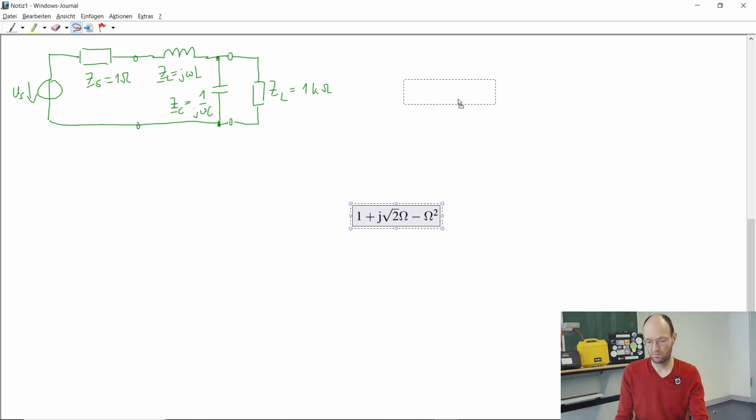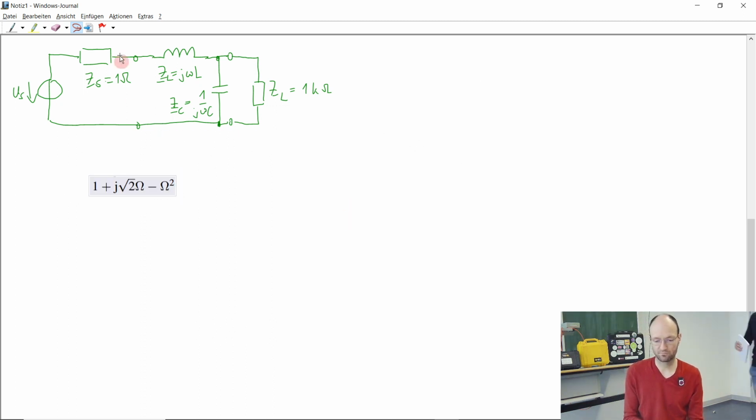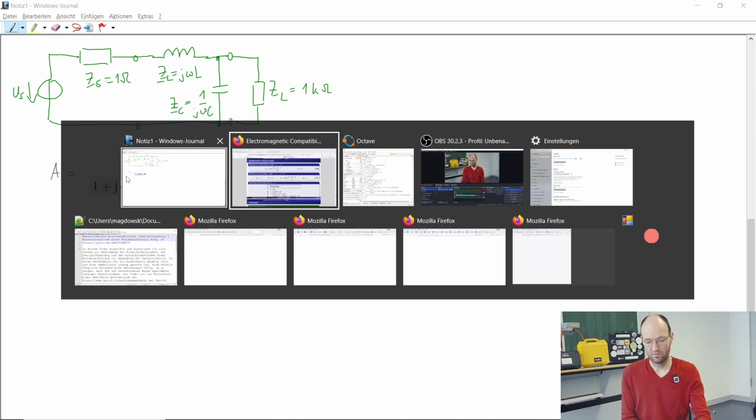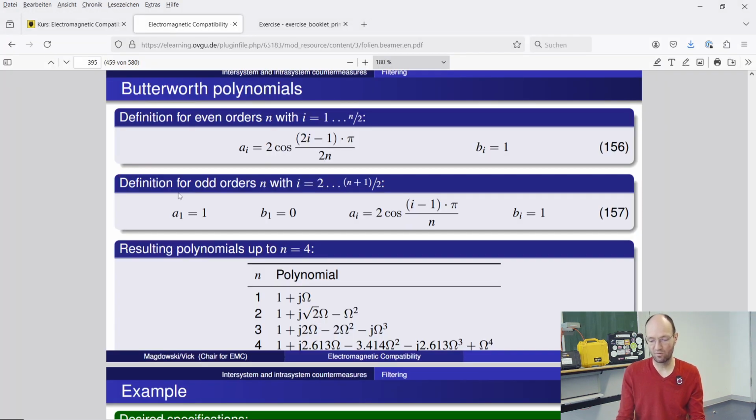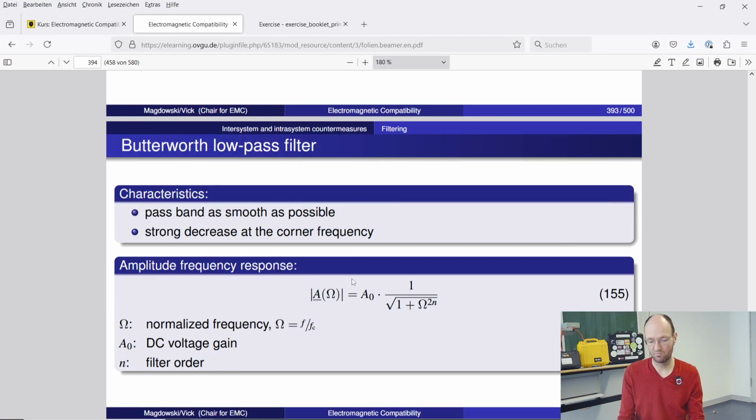And so paste it somewhere here. And then this should be the polynomial in our amplitude frequency response function, and the magnitude of this amplitude frequency response should be this.